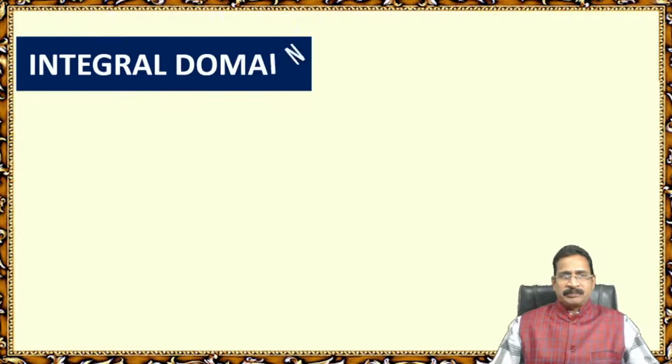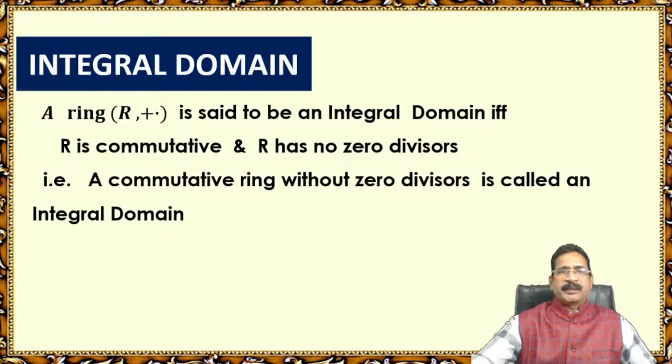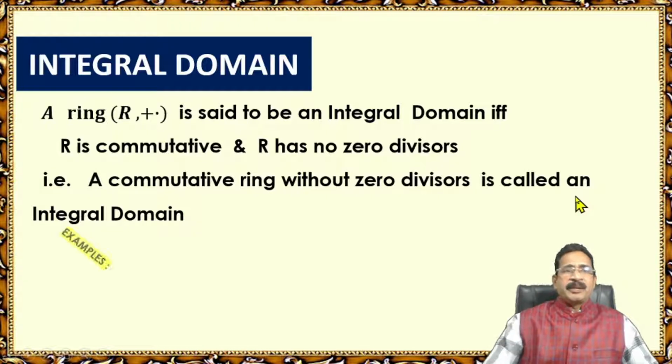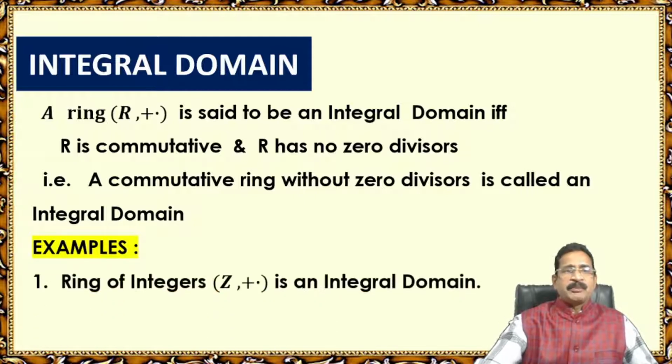Integral domain. Now, I will explain what is an integral domain. A ring (R, +, ·) is said to be an integral domain if and only if R is commutative and R has no zero divisors. What it means? A commutative ring without zero divisors is an integral domain. Now, I will explain this definition with examples. You know, (Z, +, ·) is the ring of integers.